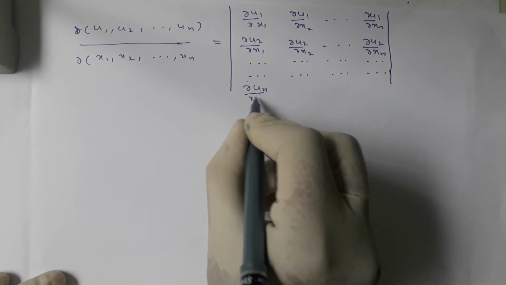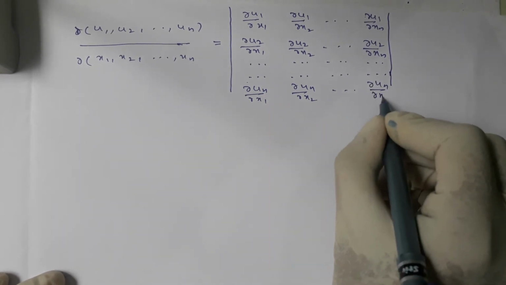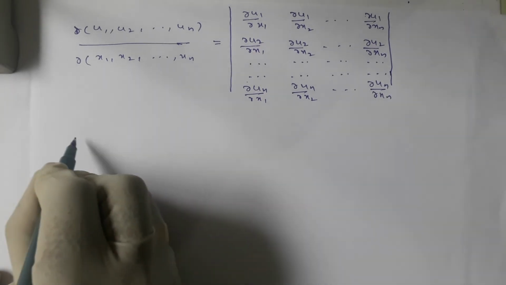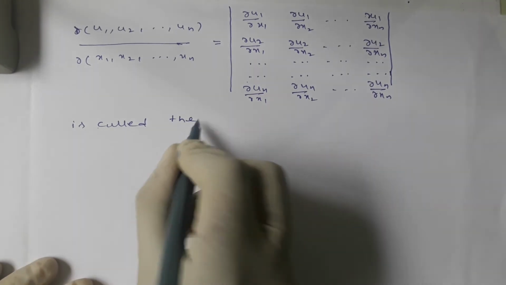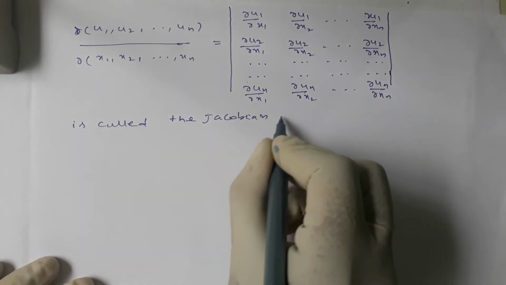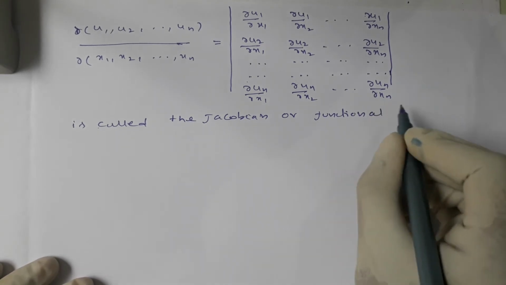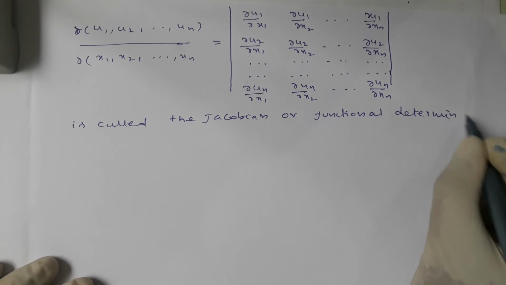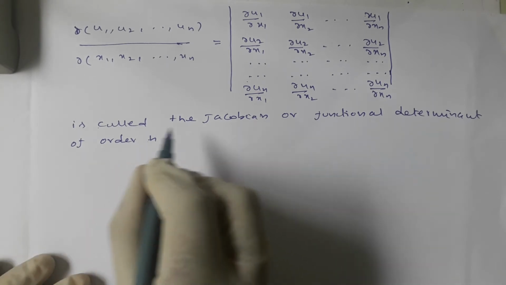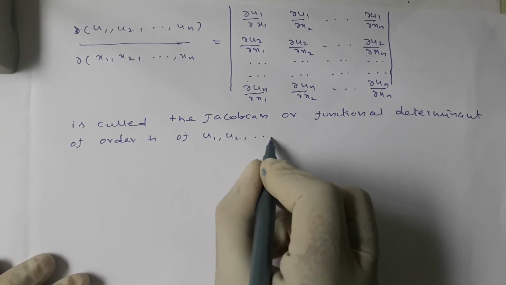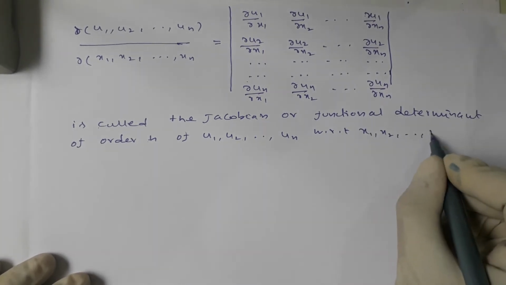∂u1/∂x1, ∂u1/∂x2 and so on up to ∂un/∂xn is called the Jacobian or functional determinant of order n of u1, u2, and so on, un with respect to x1, x2, and so on, xn.